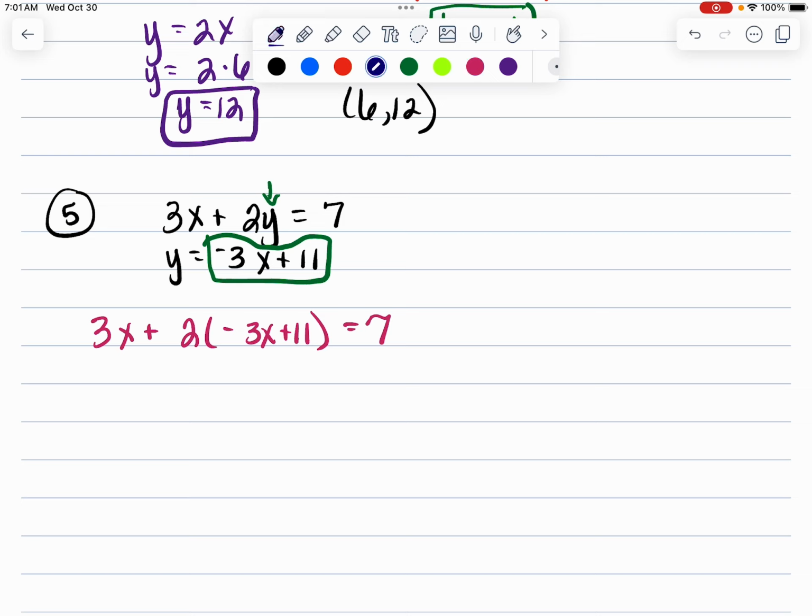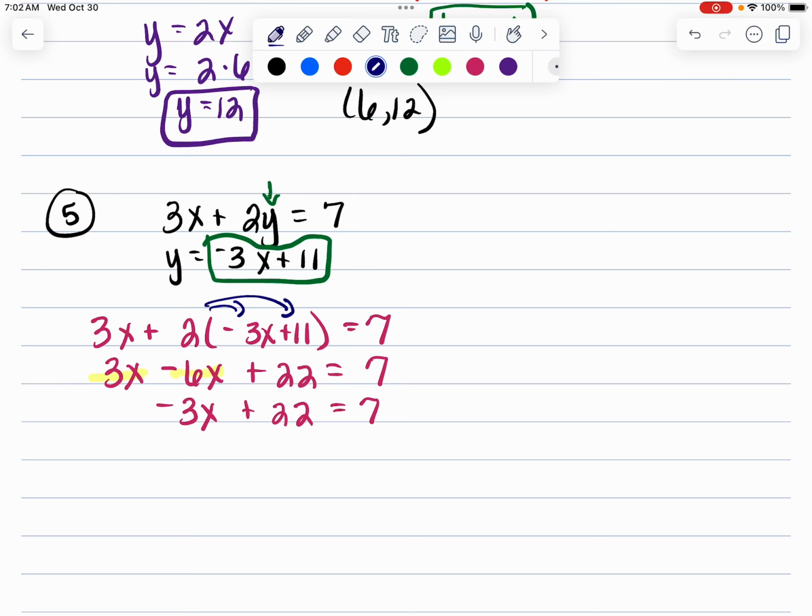From there, I'm just going to solve this equation, right? So I'm going to use the distributive property. I get 3x plus, or minus, 6x plus 22, and that equals 7. These two are like terms, so I'm going to go ahead and combine them. 3 minus 6 is negative 3x, plus 22 equals 7.